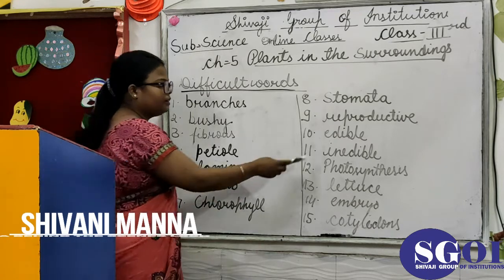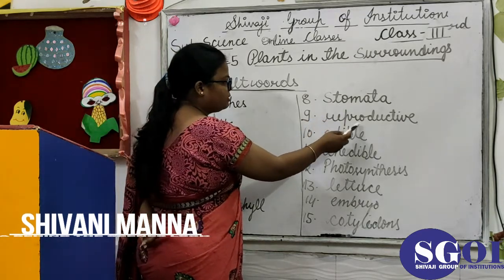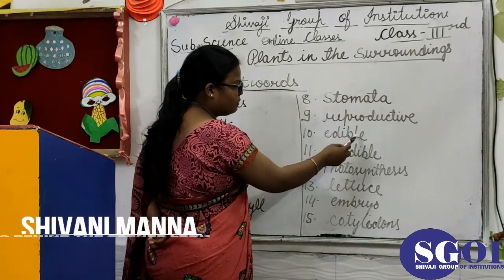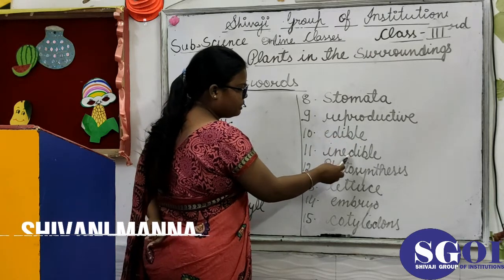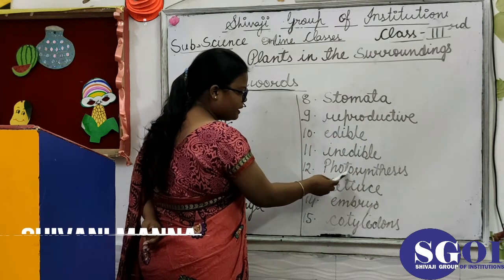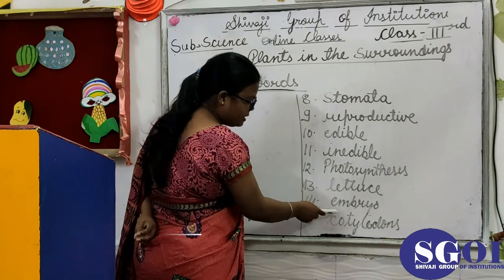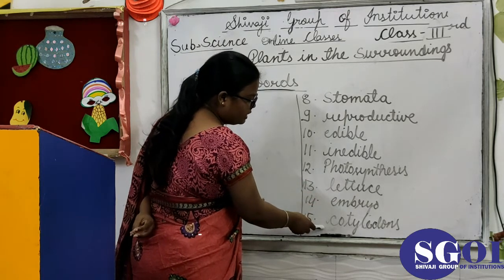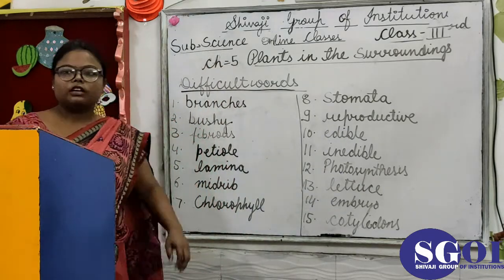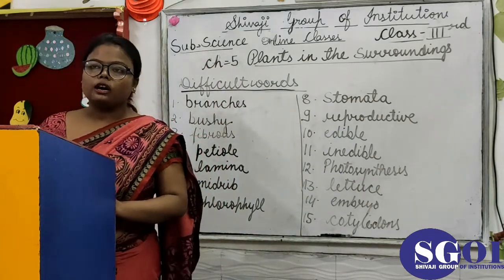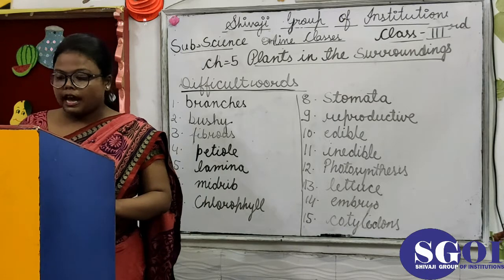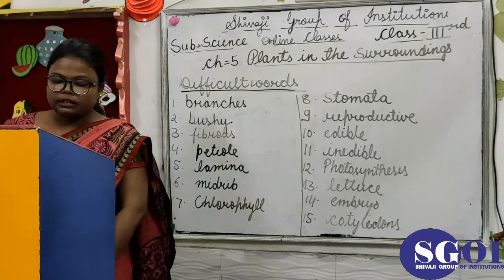Seventh, chlorophyll. Eighth, stomata. Ninth, reproductive. 10th, edible. 11th, inedible. 12th, photosynthesis. 13, lettuce. 14, embryo. 15, cotyledons. After completing the difficult words, draw a line with a scale, and your next topic is defined terms.